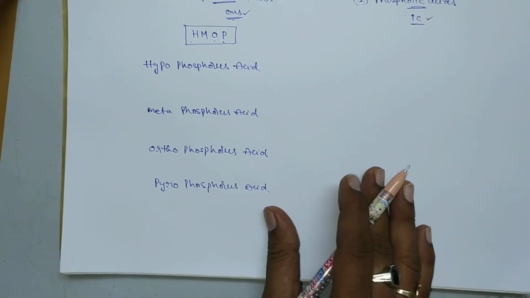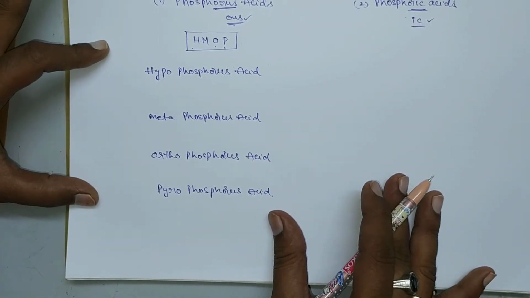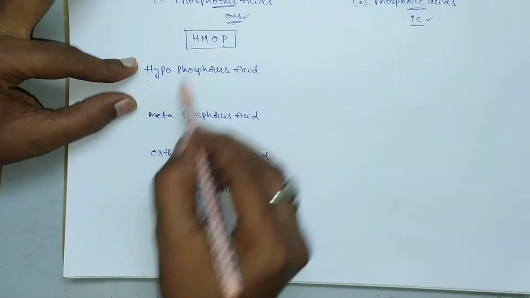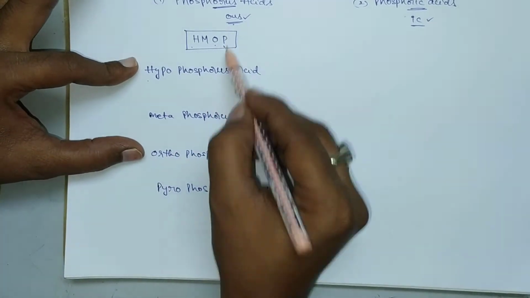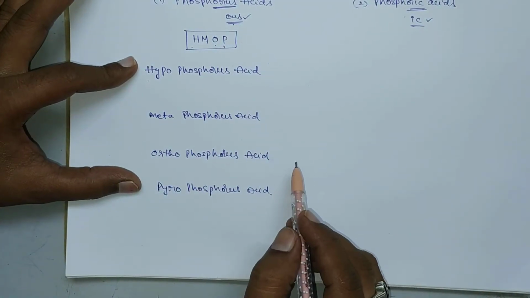So these are the phosphorus acid series. Hypo, meta, ortho, and P stands for pyro.